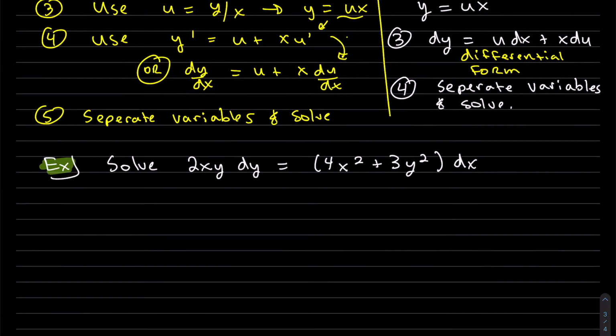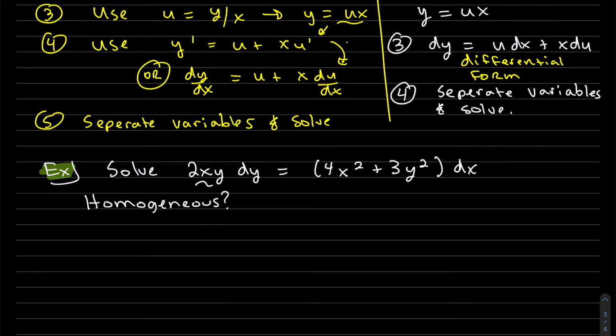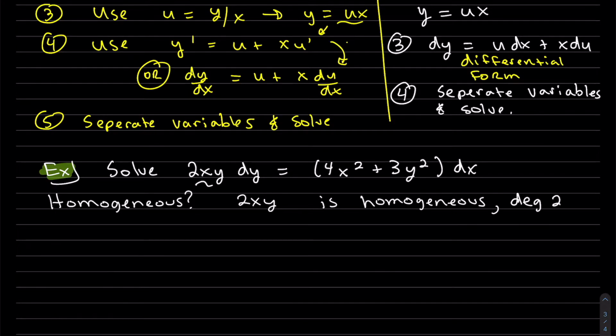So here's our DE. Our first step is to check homogeneous of same degree. On the left side, in front of the dy, is 2xy. And if you remember the example above, this is homogeneous of degree 2. You add the exponents. And then the equation on the right, your N. So remember, this is degree 2, this is degree 2.